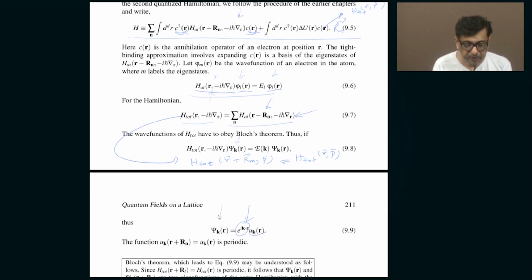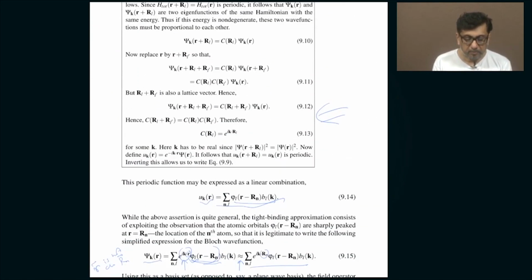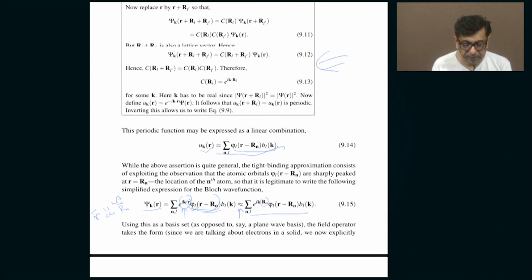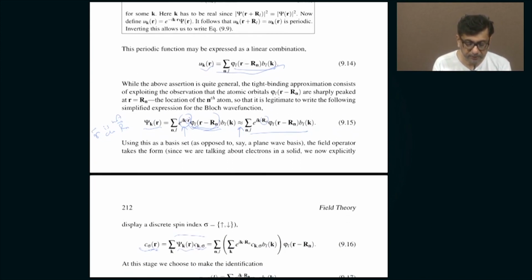That means the wave functions need not be periodic, but they are related to periodic functions. The bottom line is that you can then rewrite the wave functions of the combined Hamiltonian of all the atoms put together in terms of these Bloch states.